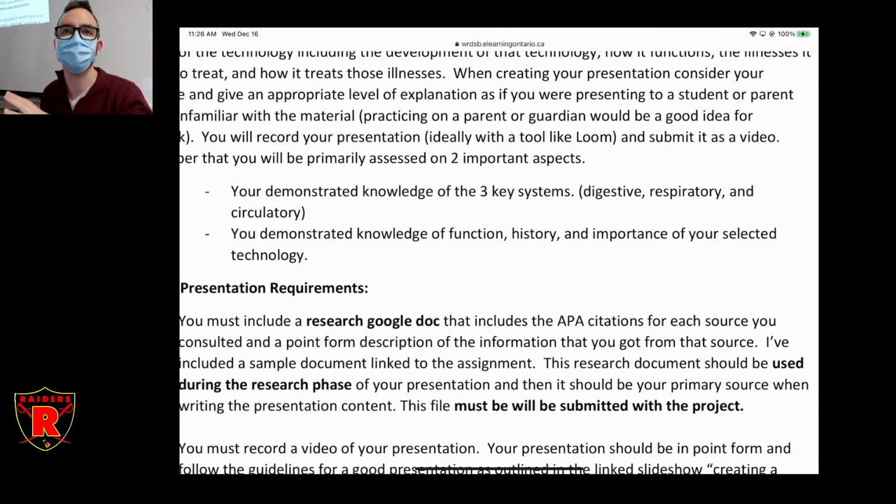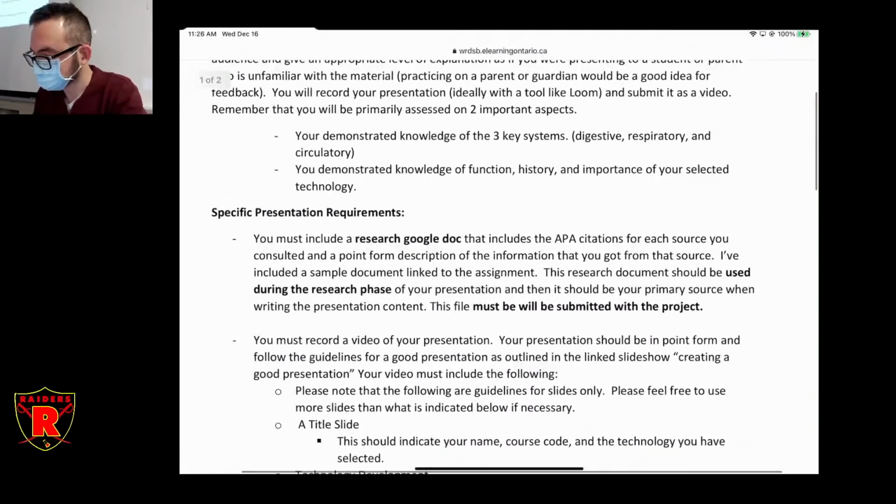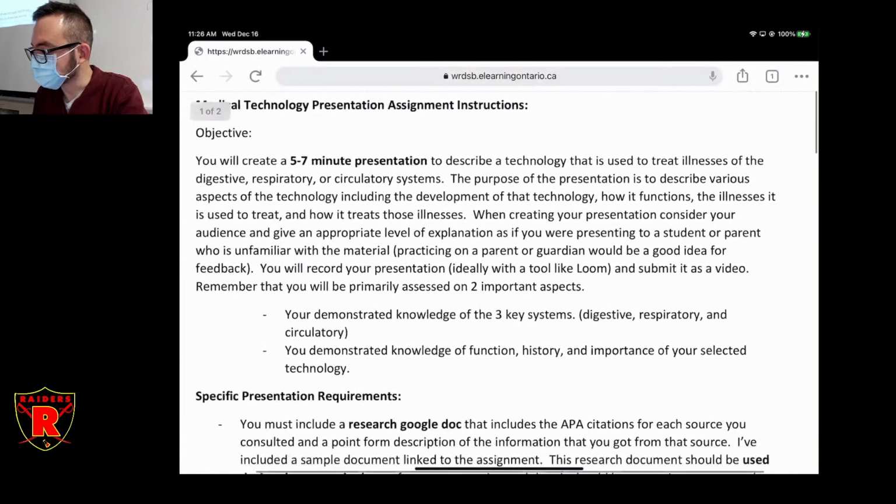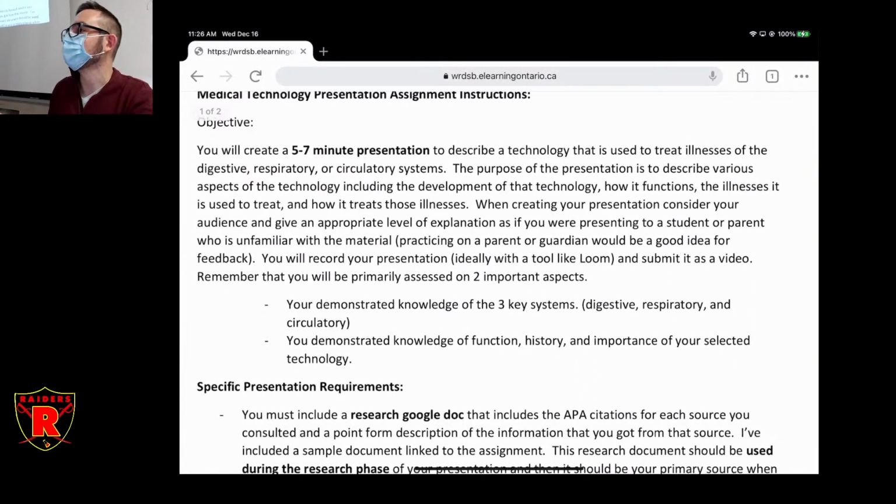Okay, I'm going to tell you about what specific information I want you to include, but keep in mind that that's your goal here, is for you to explain your knowledge of the systems. So you need to show me that you're knowledgeable about the three systems, and you need to show me your knowledge of this particular technology. Okay, we're going to incorporate those things together. When you're creating this presentation, consider your audience, okay?